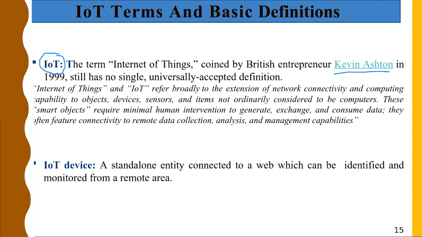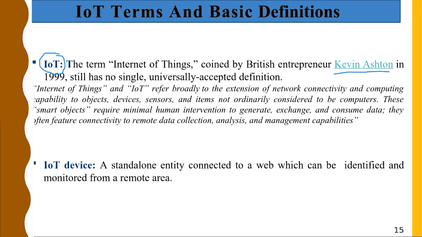So the IoT is basically the extension of network connectivity and computing capability to objects, to your things, to items not considered to be computers, which are not computers, but they have sensors and they have computing capability and network capability.